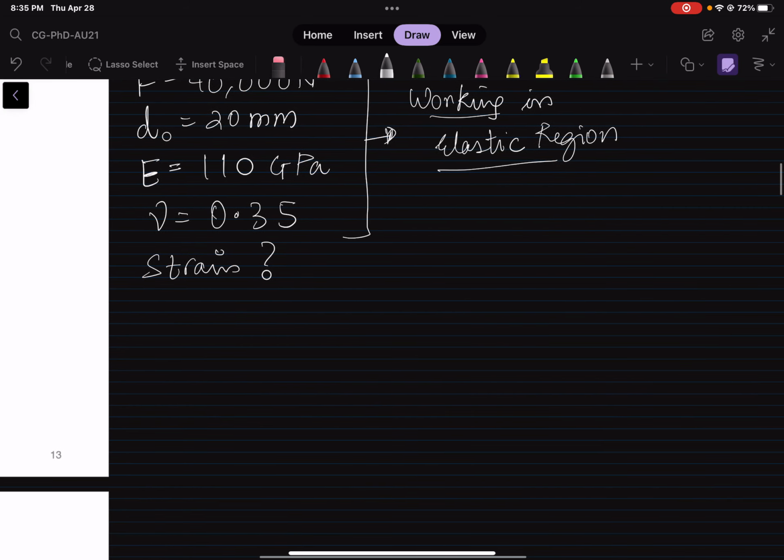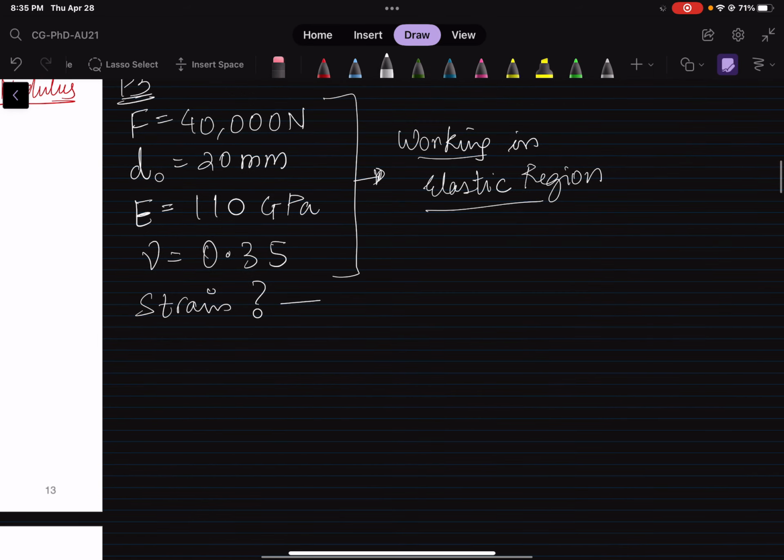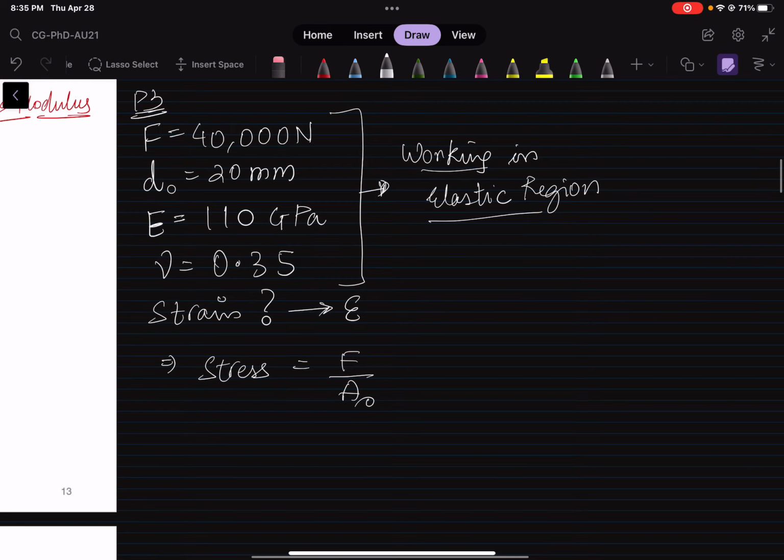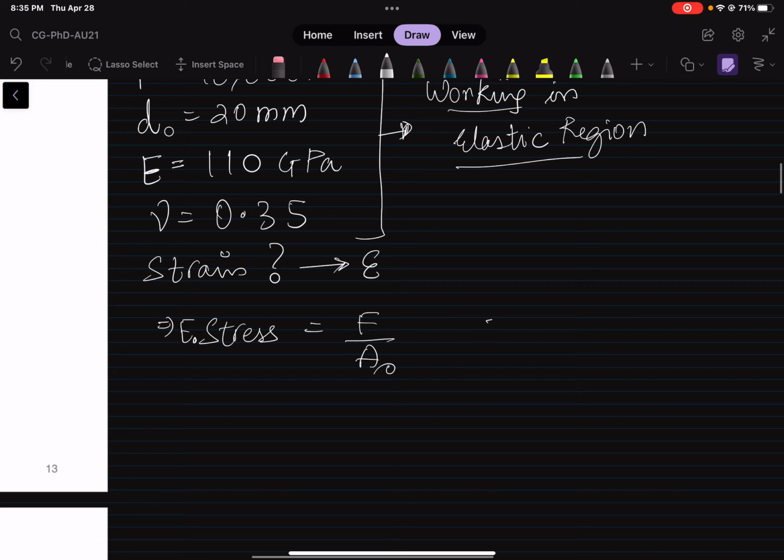So again, let's try to write down. Remember that strain is given by the expression epsilon, and we know that stress is force divided by area. To be more specific, force divided by A naught. That would be the engineering stress. And similarly, the engineering strain is given by delta L over L naught.